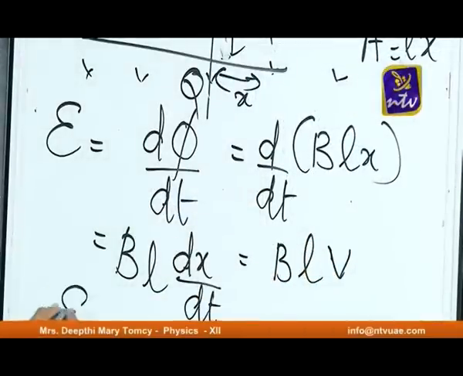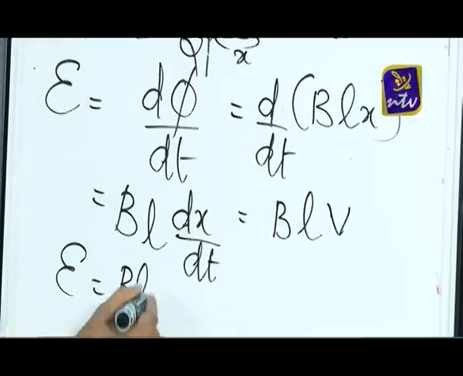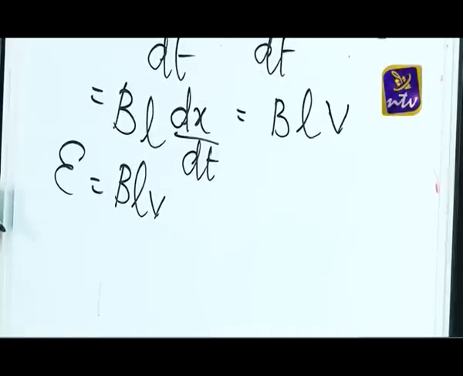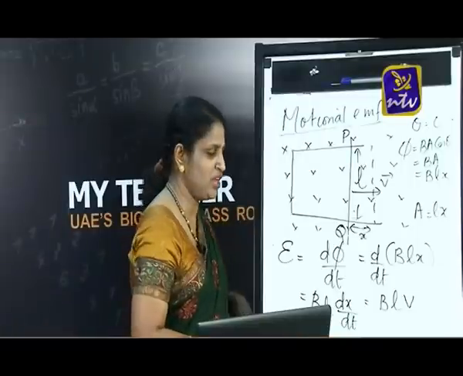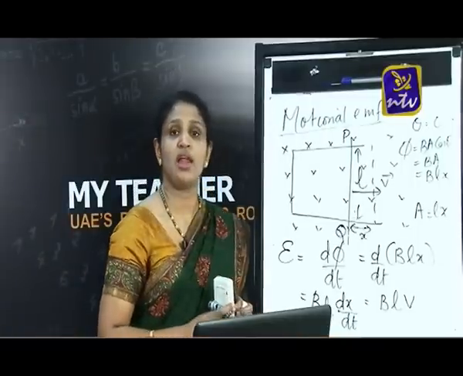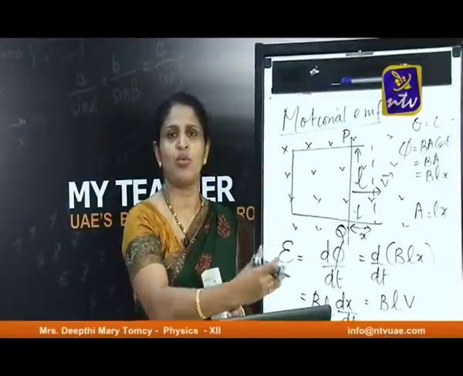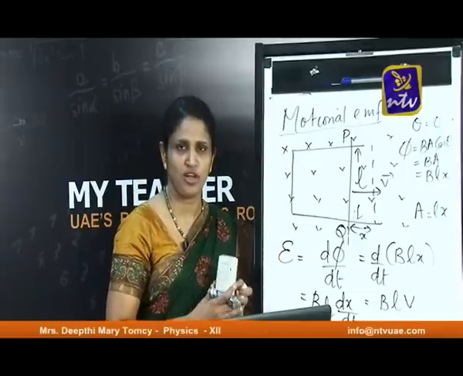So the EMF induced in the conductor is given by the value BLV. B is the magnetic field, L is the length of the conductor, and V is the velocity with which you have moved the conductor in the magnetic field.